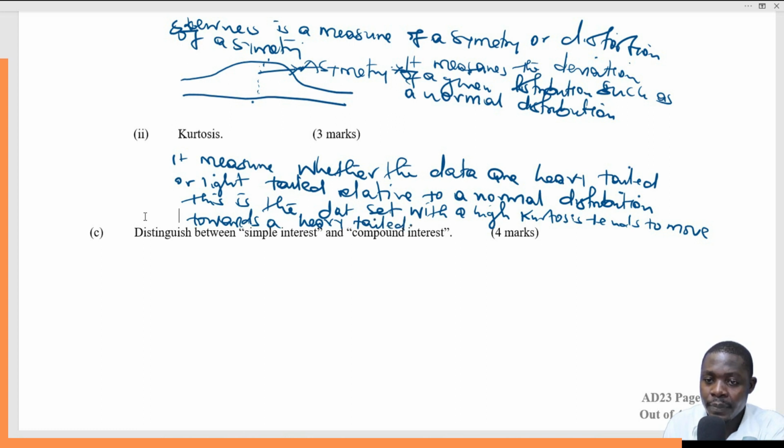Full stop. Then question 3, you are meant to distinguish between a simple interest and compound interest.